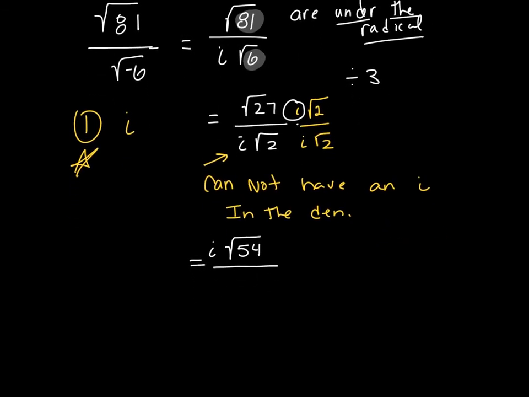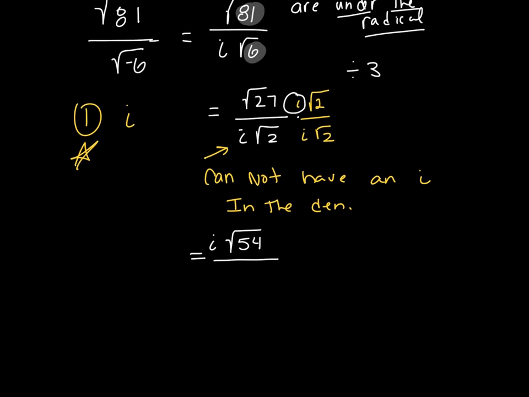And then in the denominator, again, I multiply what's outside the radical, so I have i times i, which gives me i squared, and I'm going to deal with that in a second. I don't want to cancel it out. And then I also have what's underneath the radical as the square root of 2 times the square root of 2, which is the square root of 4.